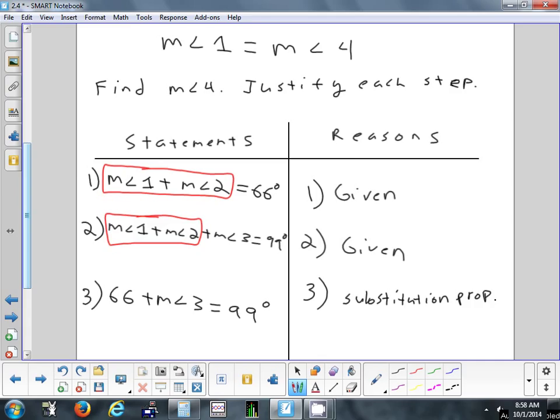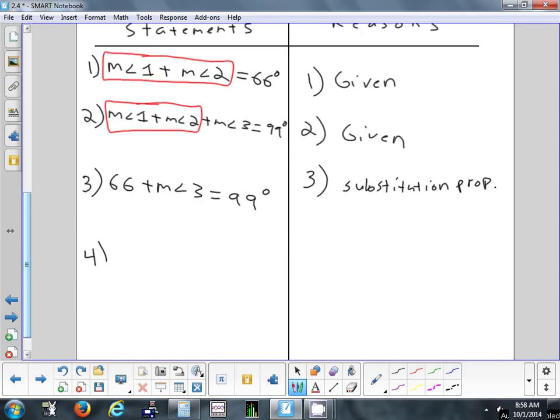All right, now step 4. We can get the measure of angle 3. What can I do on both sides to get the measure of angle 3? How about Brian? Subtract 66 from 99. Good. Subtract 66.